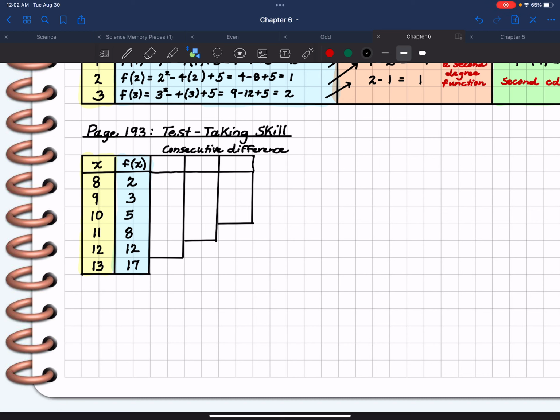And it looks something like this. Because remember, each time we do that process, we lose a box at the bottom because we run out of values down there. So this is the first. This is the second. And this is the third. And let's put some values in.